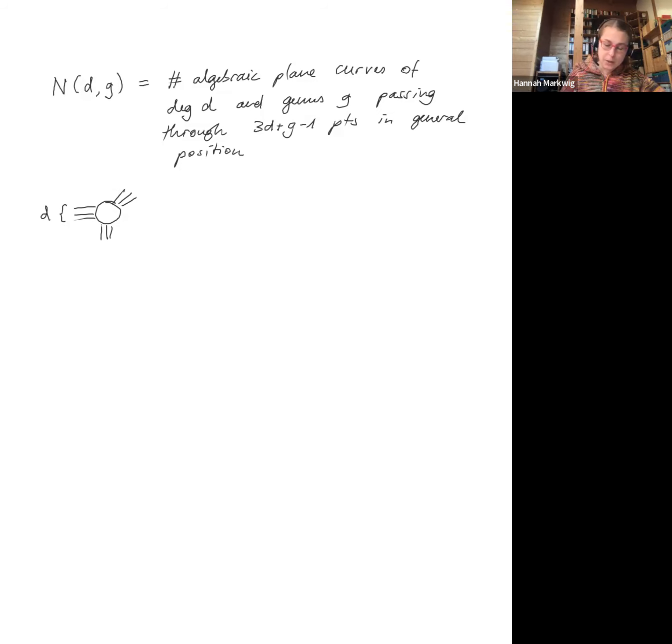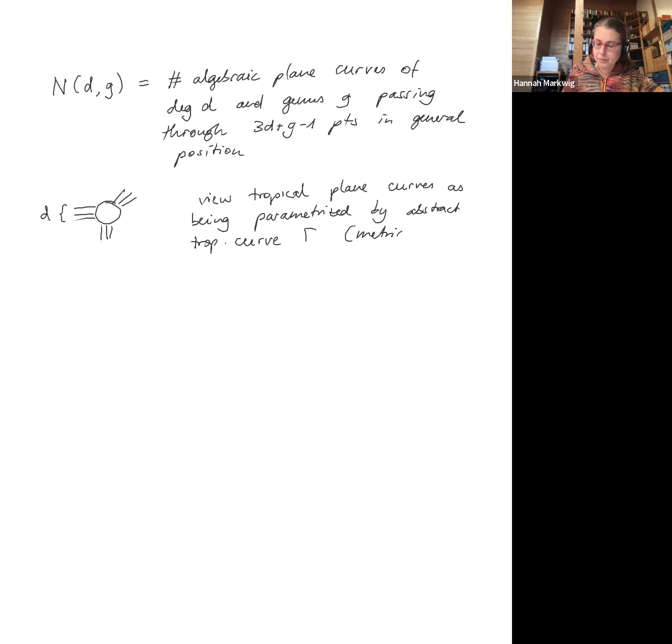And then we viewed tropical plane curves as being parameterized by an abstract graph, an abstract tropical curve, I should say, which is a metric graph. And then the genus is the genus of the graph.